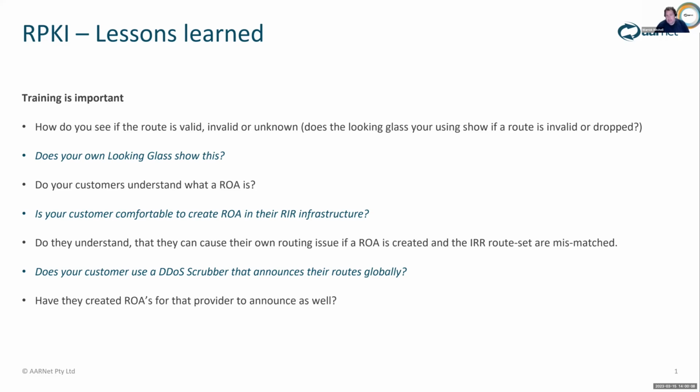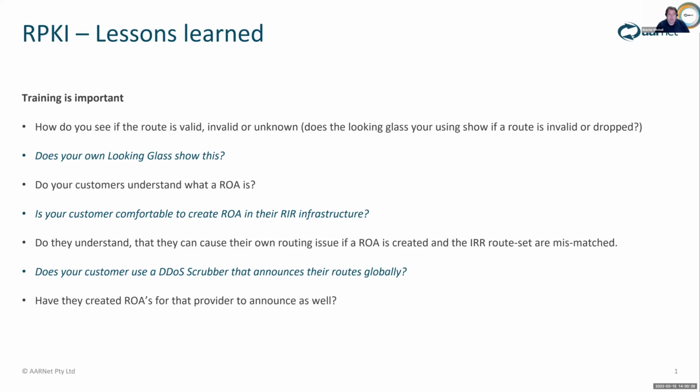Now, in some cases, if the customer is multi-connected via multiple upstream providers, that may not be such an issue if they've created the right ROA for at least one of their providers. But if they haven't, or if they're using different ASNs to announce the same route, that can cause a lot of grief.